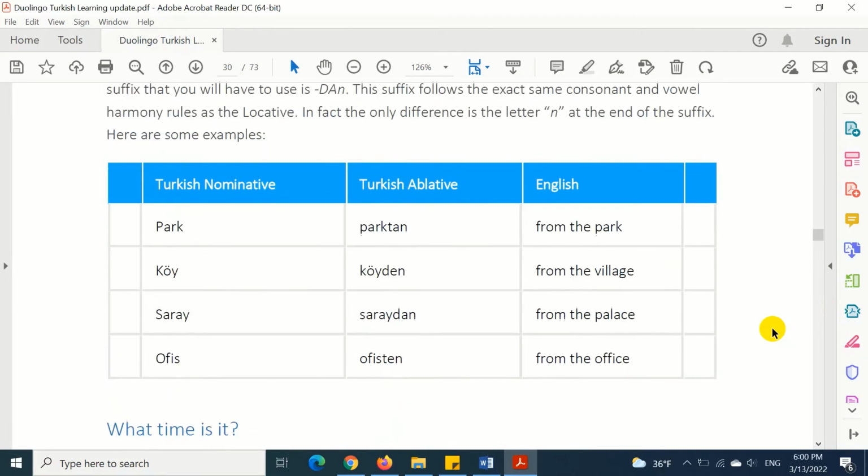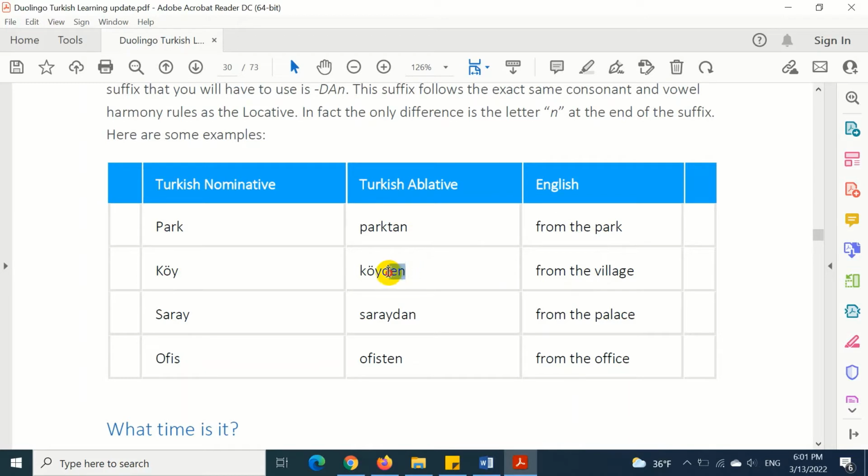So let's see some examples. Here we have park, parktan, from the park. Köy means village, köyden, from the village.